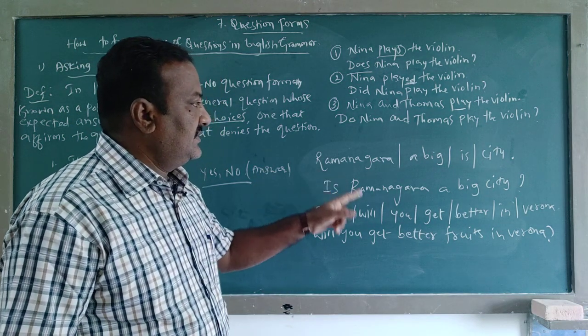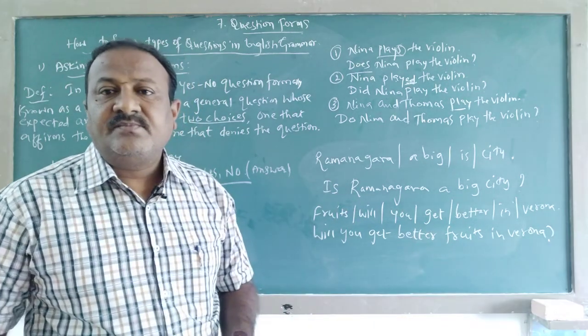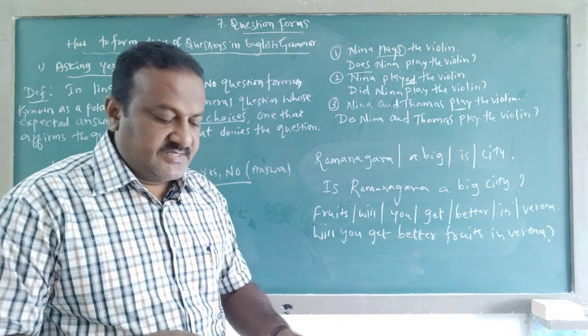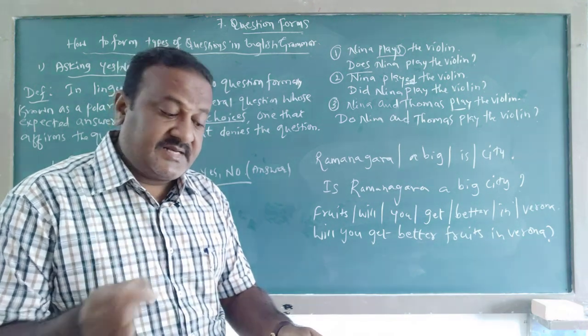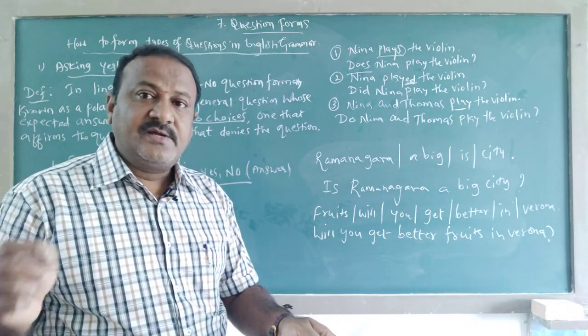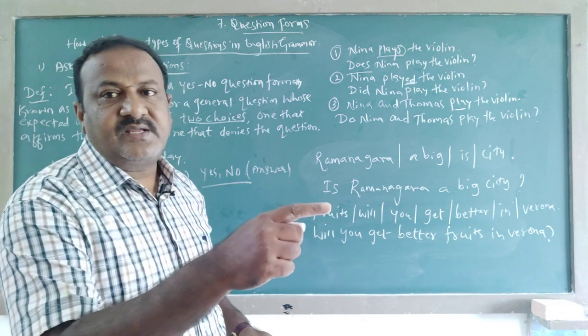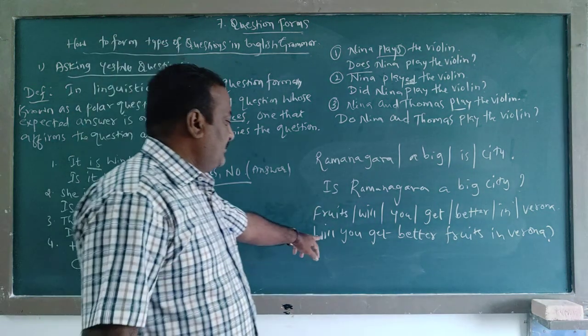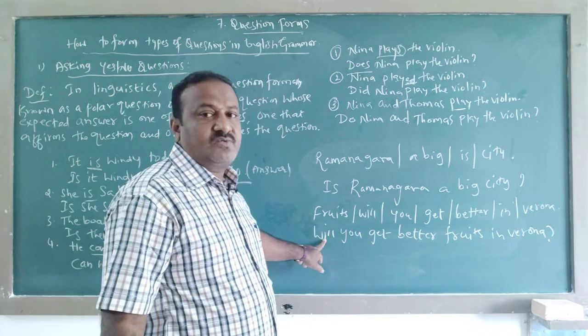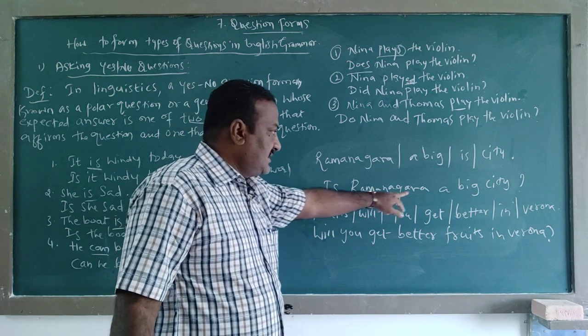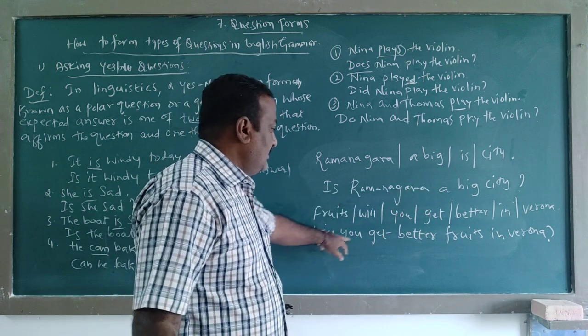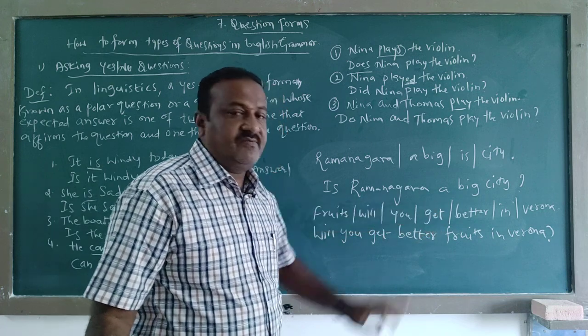Ramnagara, a big, is city. See, even in your workbook it is there. What is it? Rearrange the jumbled segment into yes or no questions. We have to rearrange it first, then write yes or no questions. Is Ramnagara a big city? Will you get better fruits in Verona?